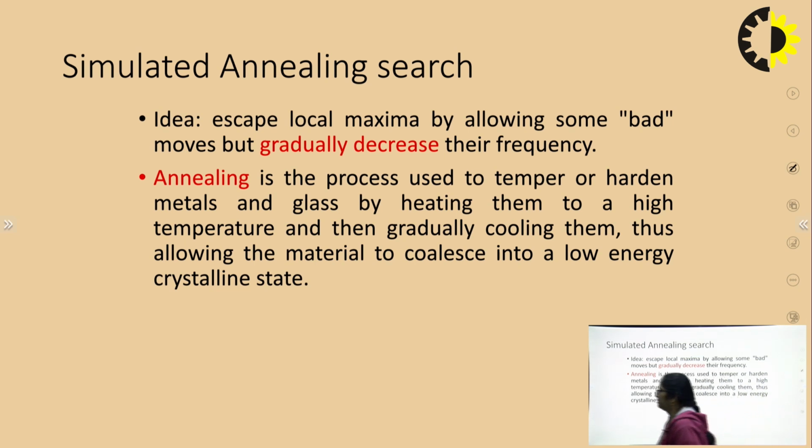Simulated annealing is one more method, and what idea does it take? What is the idea for simulated annealing search? In hill climbing search, you take one current state. The current state has neighbor states, and we are trying to improve the current state evaluation.